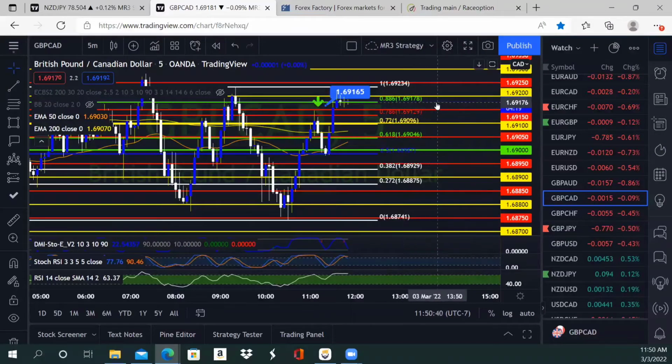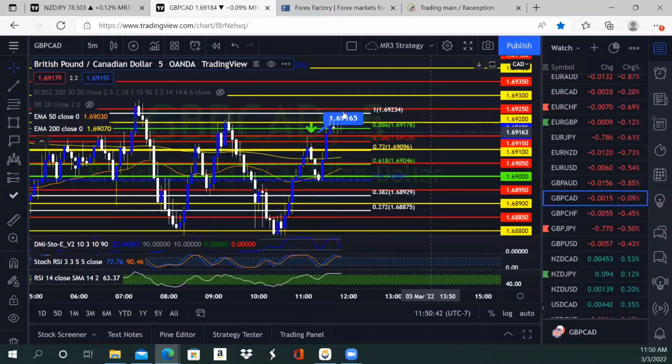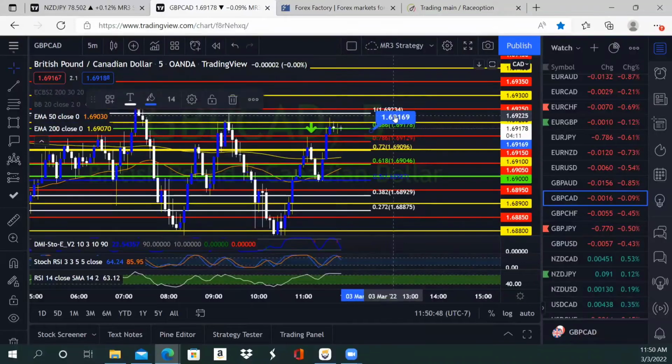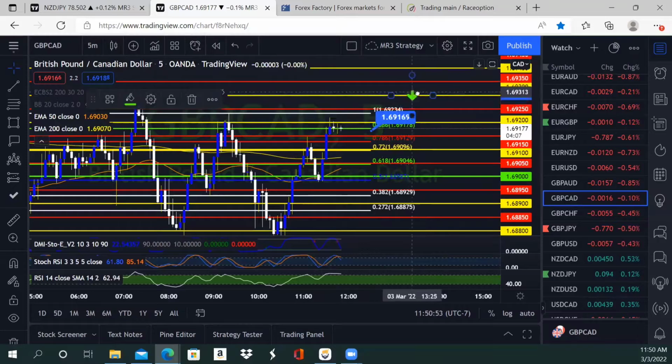GBP CAD. Missed that one. Missed that one. So at this level, mark out.